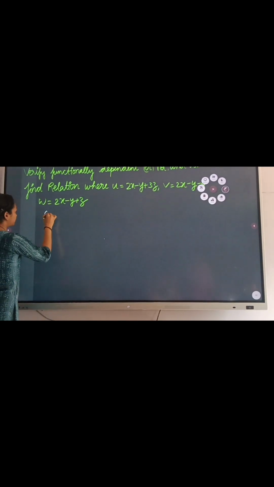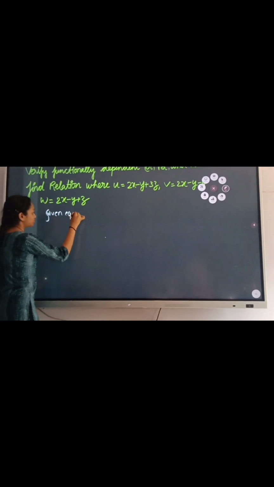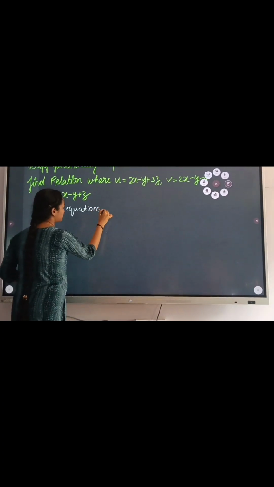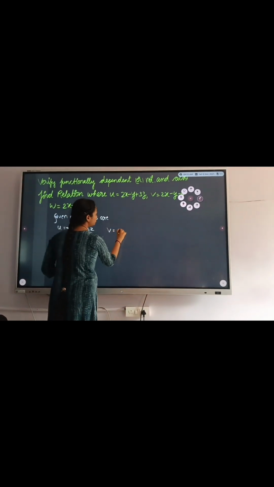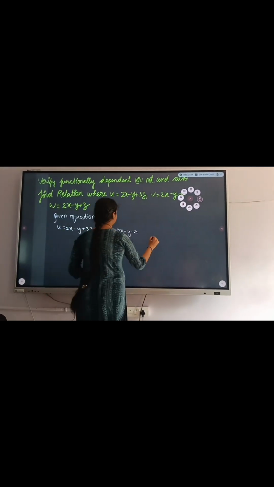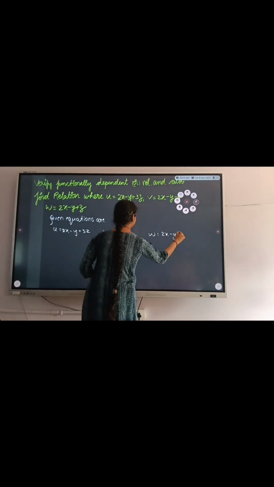The given equations are u equals 2x minus y plus 3z, v equals 2x minus y minus z, w equals 2x minus y plus z.